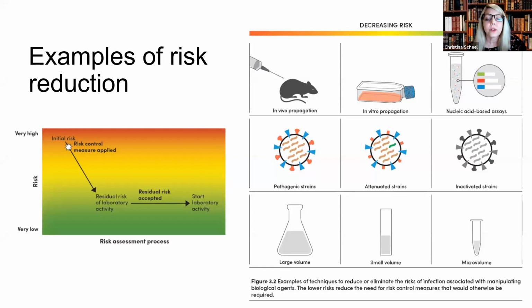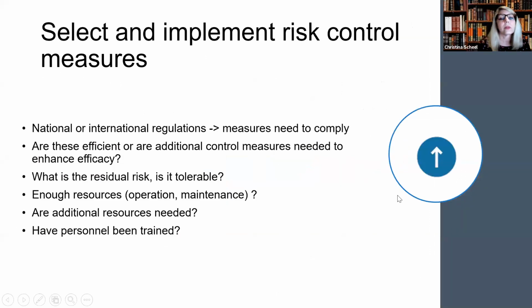Also, for pathogenic strains, risk can be reduced, as I mentioned before, using attenuated, and inactivated would eliminate the risk. And then, of course, decreasing volume would decrease risk. As you decrease the volume, your risk goes down.